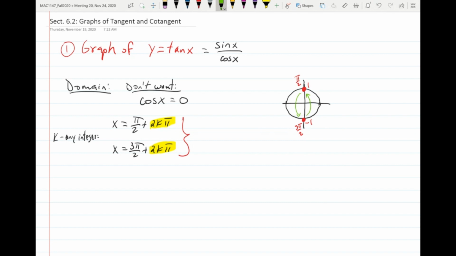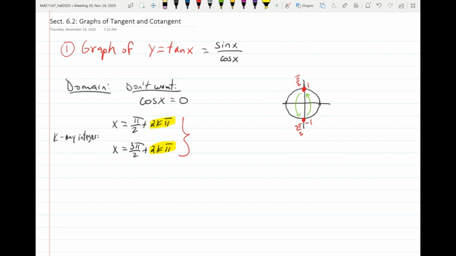And once you are in any of those points, what do you need to add to your angle to get to the next one? All you have to do is add pi to it, right? Remember, pi is a straight angle. So to go from pi over 2 to 3 pi over 2, you add pi. Then you add another pi and you will get a coterminal to pi over 2. Another pi, you get a coterminal to 3 pi over 2, and so on and so forth. So by adding pi, you're jumping from the top to the bottom and from the bottom to the top.